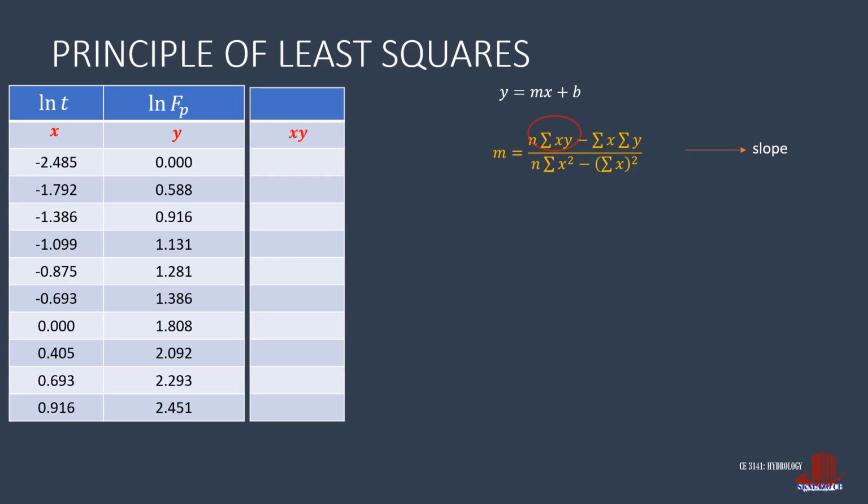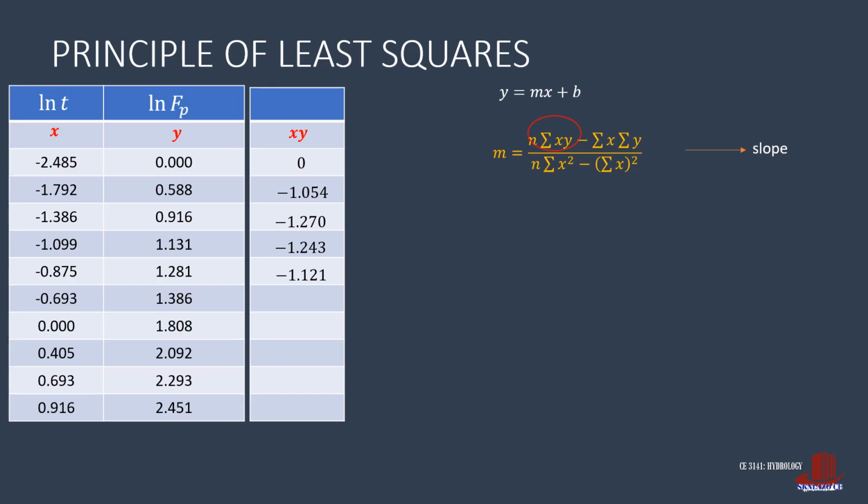So placing another column, we can then place xy starting from negative 2.485 times 0, which is 0. Negative 1.792 times 0.588 is negative 1.054. Negative 1.386 multiplied by 0.916 is negative 1.27. Negative 1.099 times 1.131 is negative 1.243.